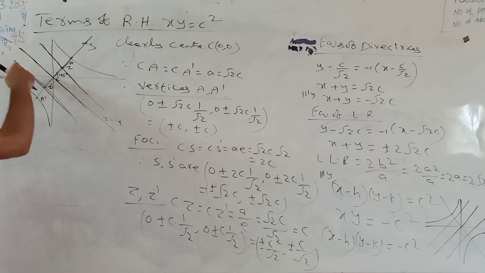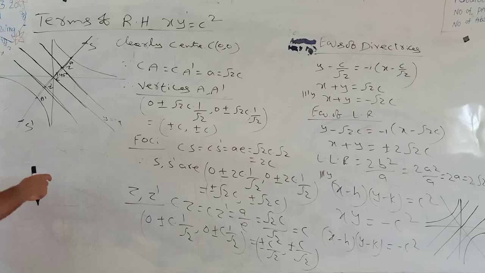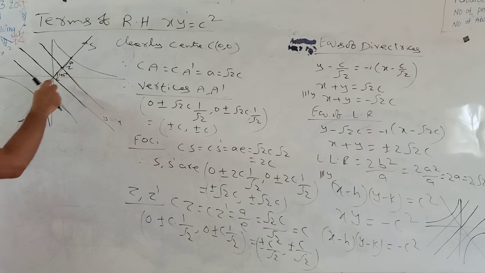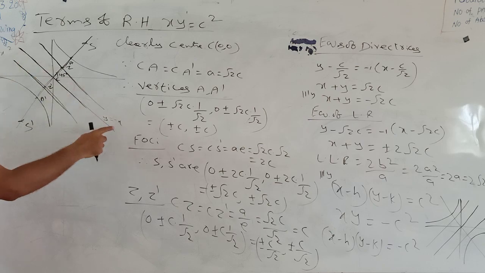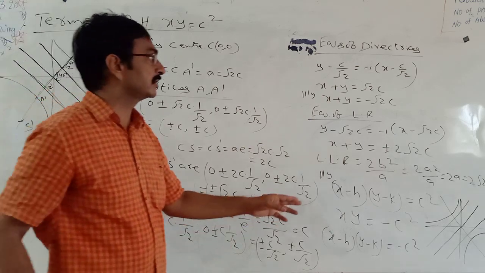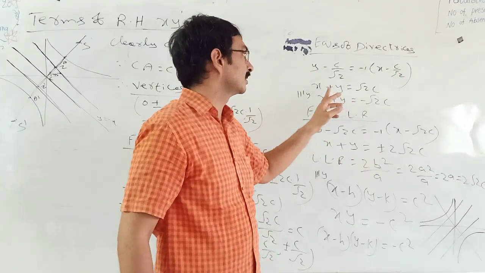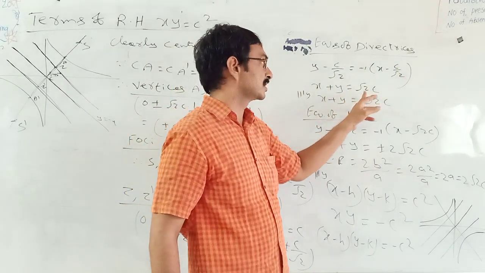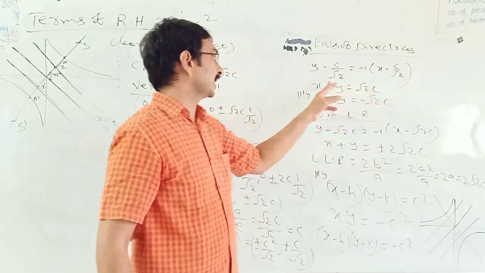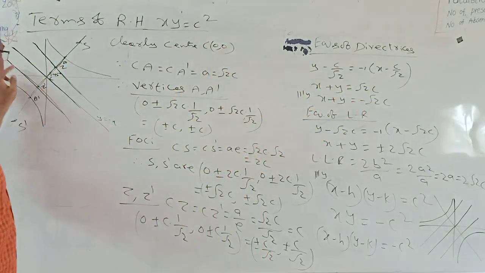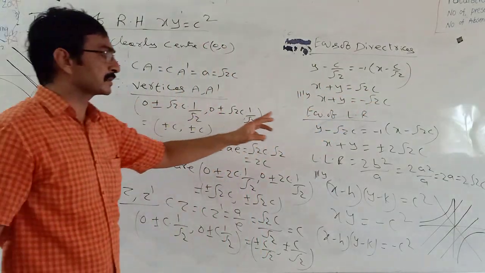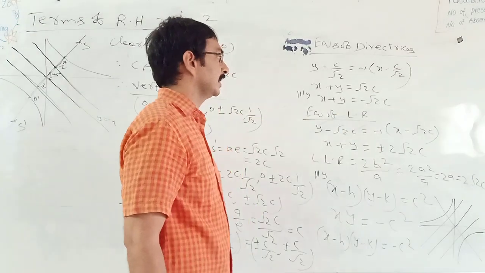Therefore, the slopes of directrices are also minus 1. So the directrices pass through Z and Z dash having slope minus 1. By using the formula y minus y1 equals m into x minus x1, we get x plus y equals root 2 c. This is the equation of the directrix in the first quadrant. Similarly, the directrix in the third quadrant is x plus y equals minus root 2 c.